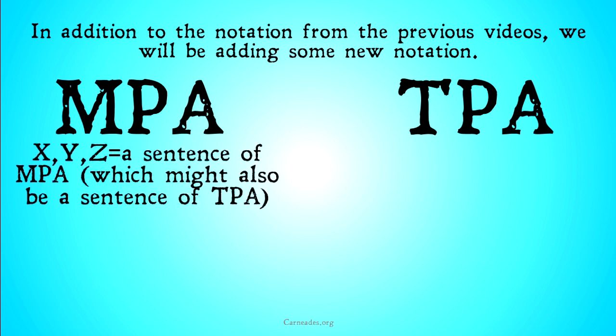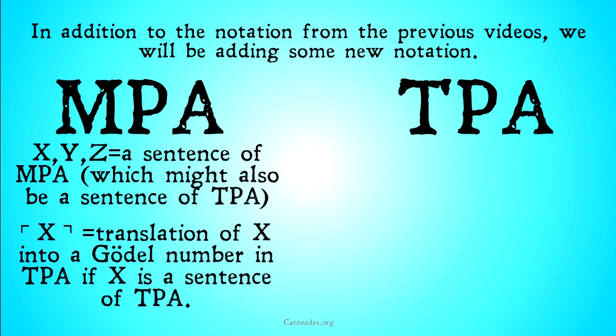So in MPA, we have capital X, Y, and Z, which are each going to represent a sentence of MPA. They're going to be variables that stand in for a sentence. And since MPA is a meta-language of TPA, they might also be sentences of TPA.